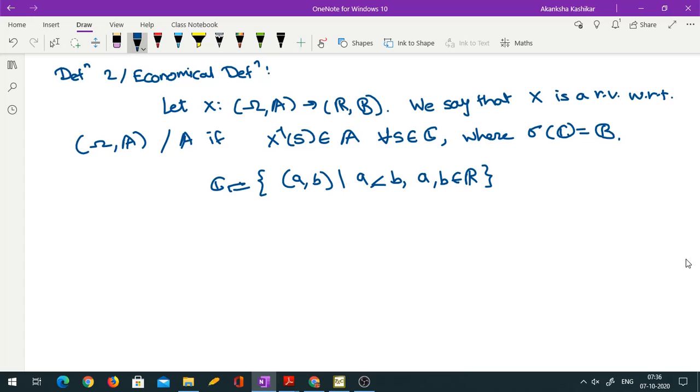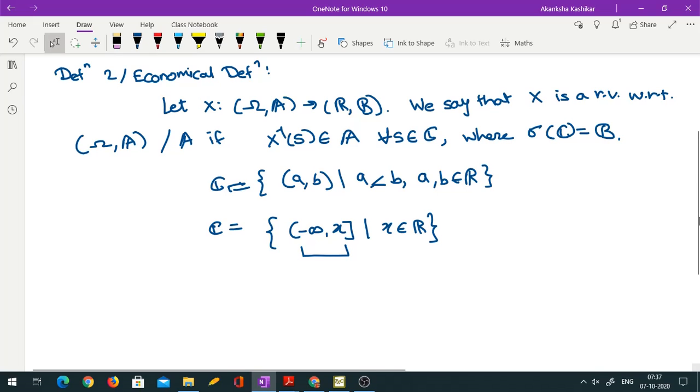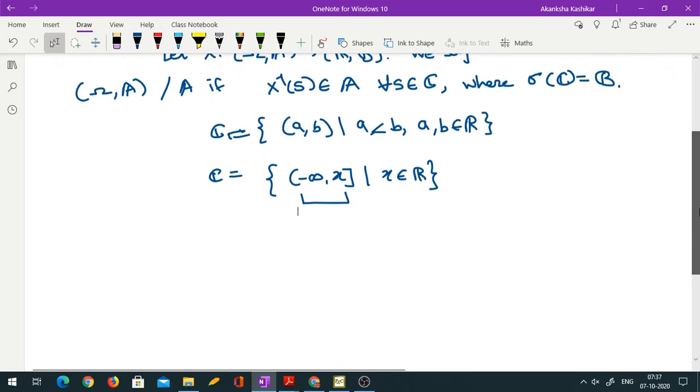Traditionally we use intervals of the type minus infinity to x, where x is in R. So traditionally we use this script C. If we prove that inverse images of sets of these types are in script A, then we don't need to prove it for every Borel set. It automatically happens that for every Borel set the inverse image would be in script A. We won't go into the proof for this, but you should remember the concept.